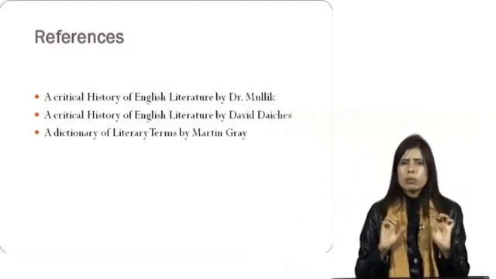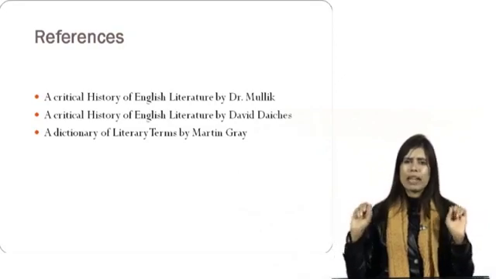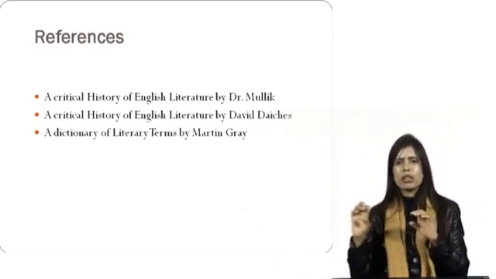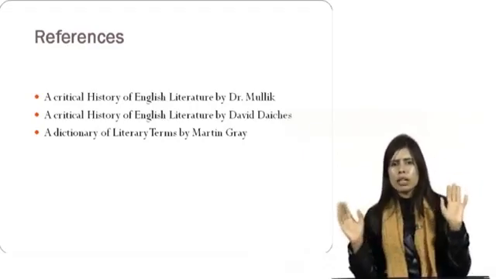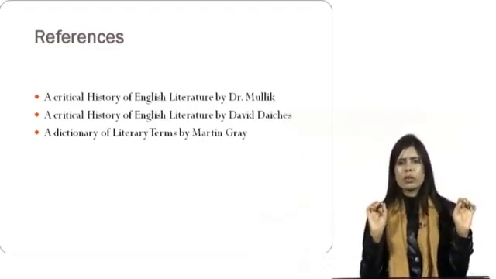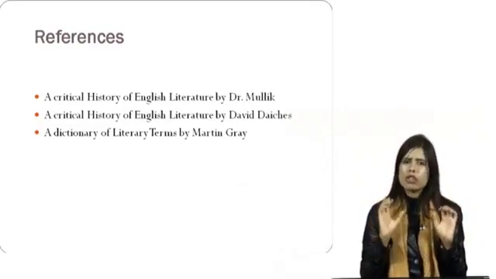Then we talked about prose, and who were the prose writers of that time, and then King Alfred, a very prominent figure in the history of English literature because of his works, because he translated Bede's history, and then he translated many other Latin works into the English language in order to give English people an exposure to literature.